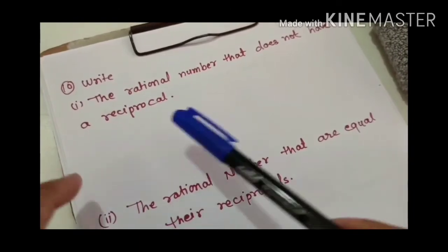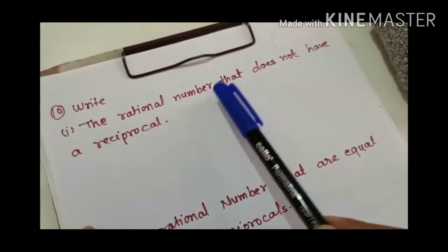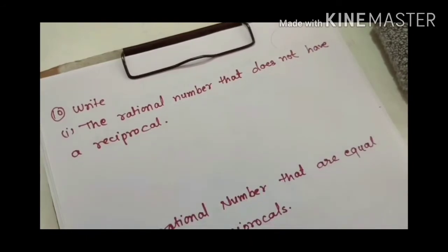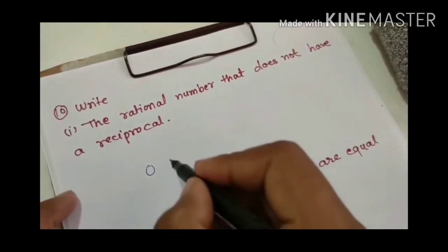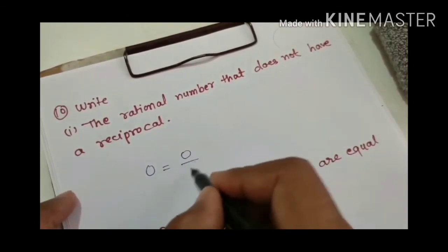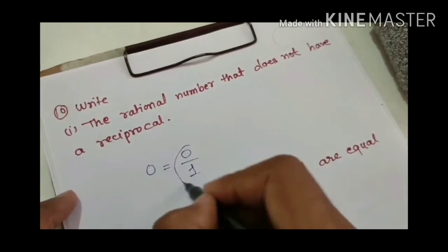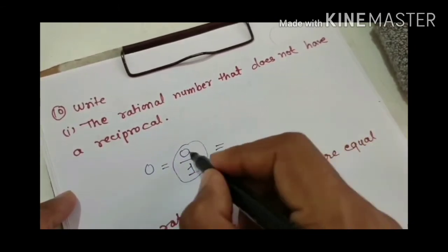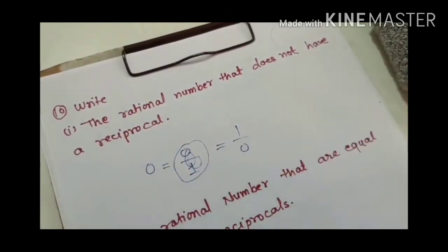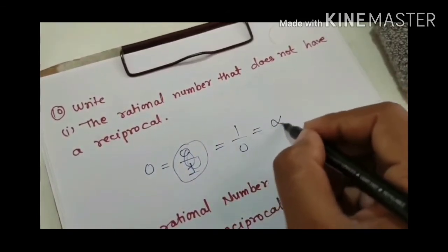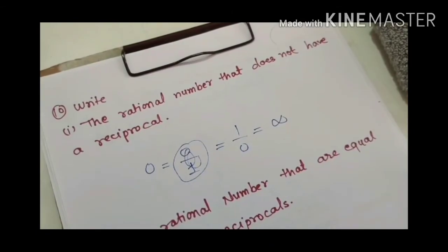Now we have to write the rational number that does not have a reciprocal. We have to write a number which has no reciprocal. So 0 we can write as 0 by 1. If you are going to write 1 by 0, this is infinity as I taught.